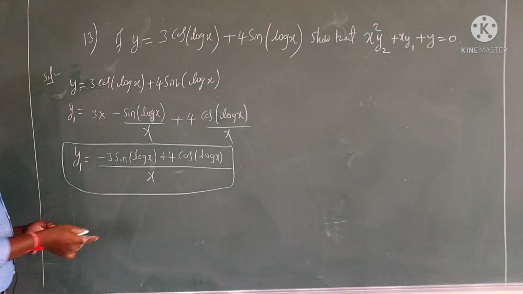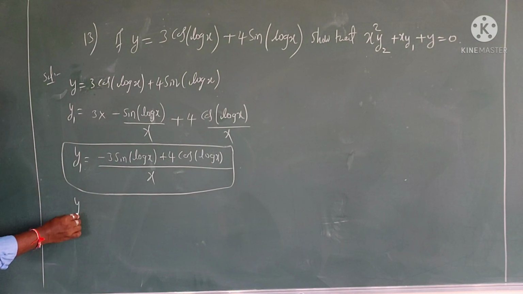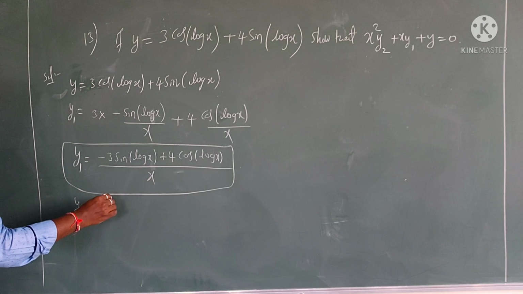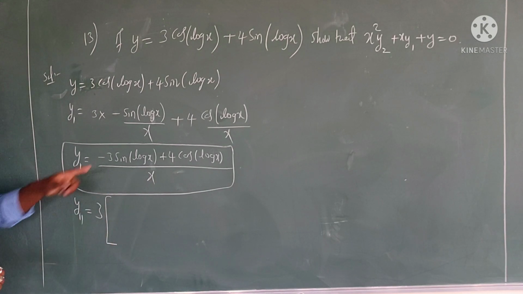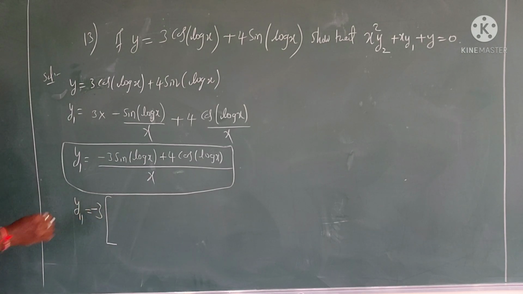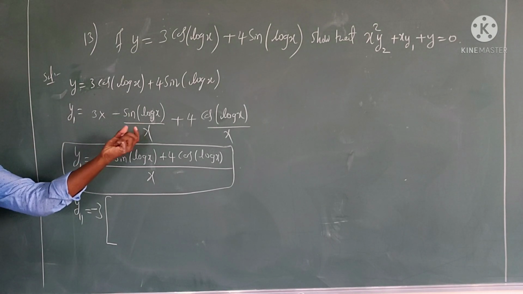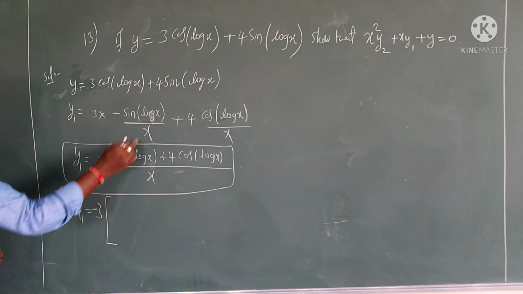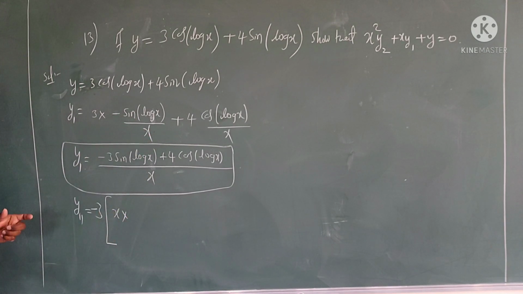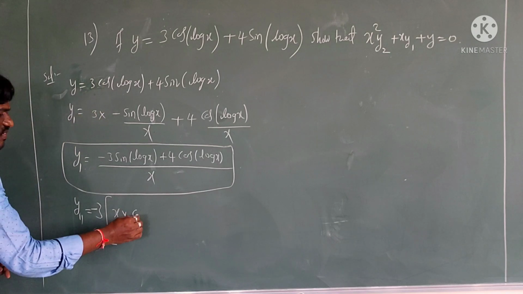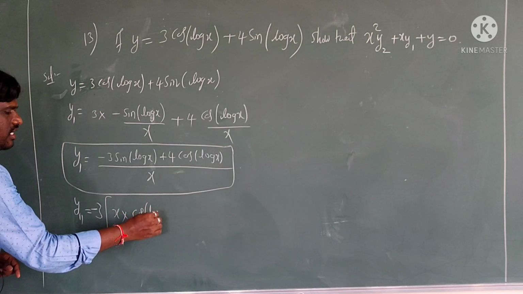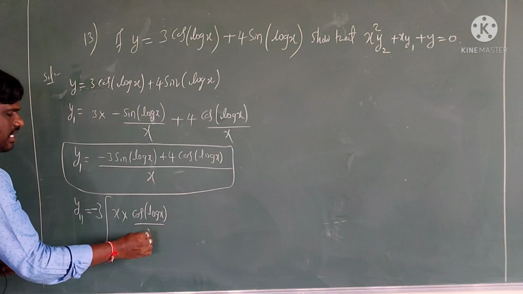So now I am going to do double differentiation, differentiating again with respect to x. Listen here carefully, this is very important. This is the u by v formula. I write minus 3 outside, and then use the u by v formula, which is v into u dash. What is v here? x. What is u dash here? The differentiation of sin is cos log x, and the differentiation of log x is 1 by x.